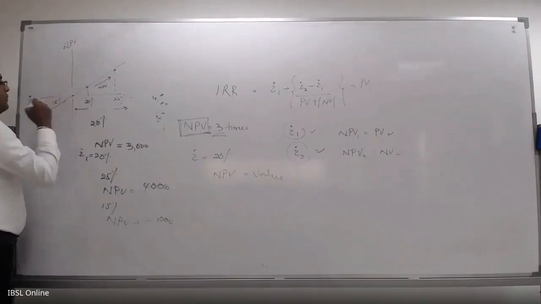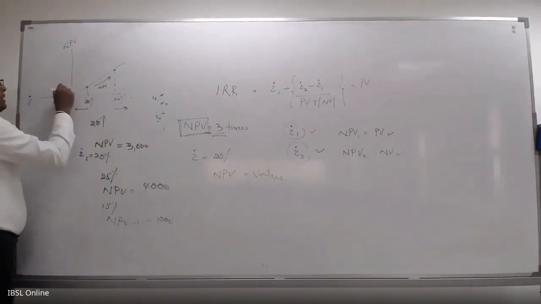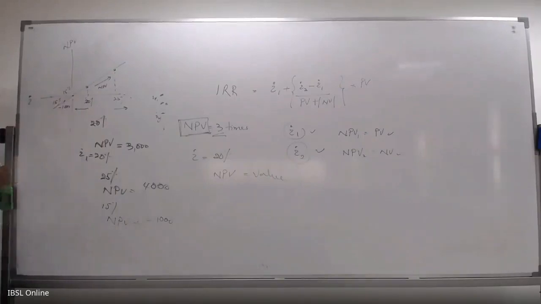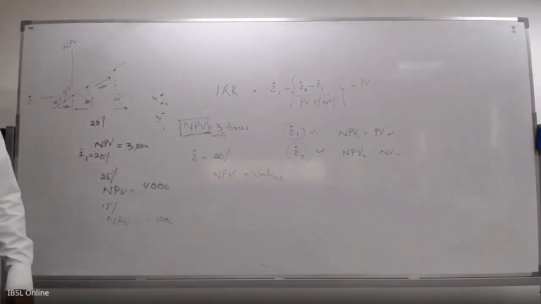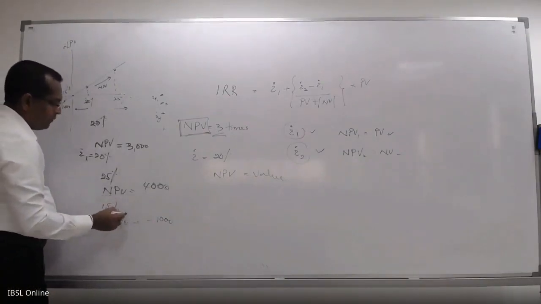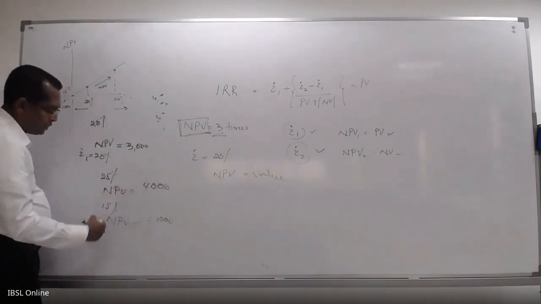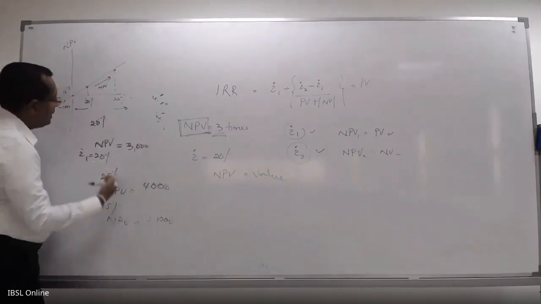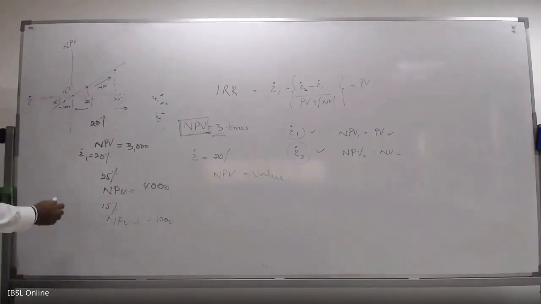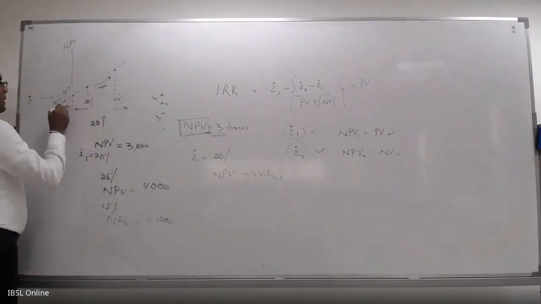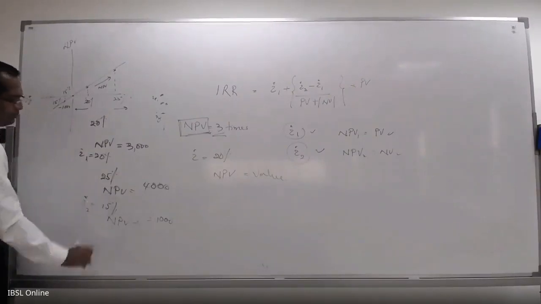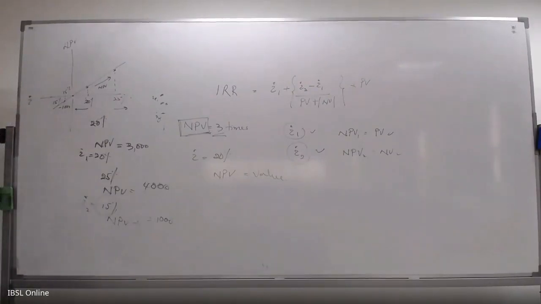If you are lucky, you will get a minus 1,000. That means somewhere here, 15% is minus 1,000. Negative, but near zero, right? When you put 15, if it is positive 1,000, you will have to put another one. This is coming down, that means you are on the correct path, but this is too small, right? So you get a negative value here. So this is I2 then, right?